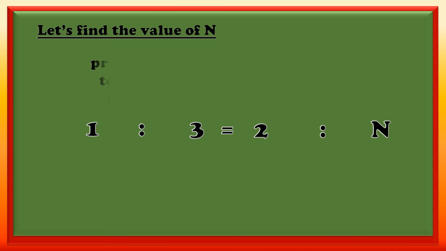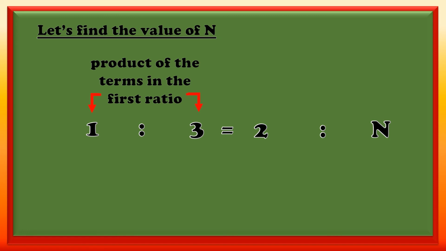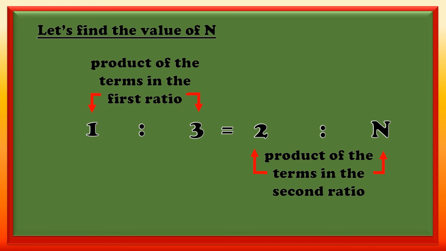To solve this, we have to get the product of the terms in the first ratio, and we equate that to the product of the terms in the second ratio. Again, the product of the terms of the first ratio is equal to the product of the terms of the second ratio. Did you get that?